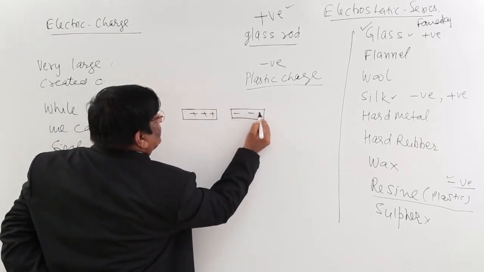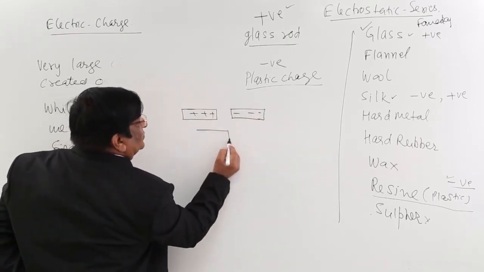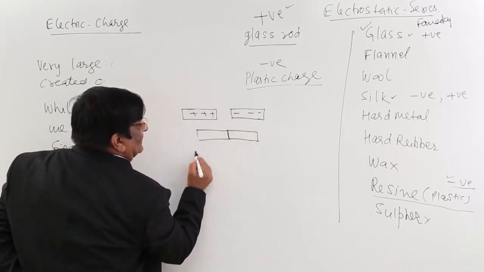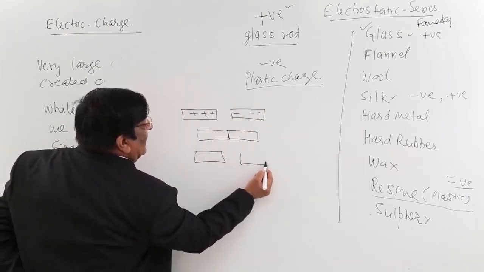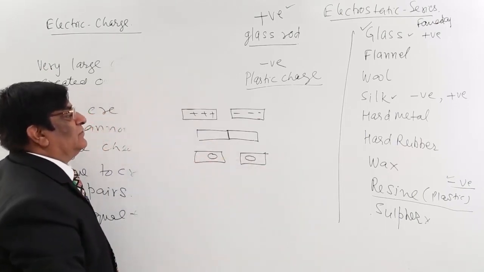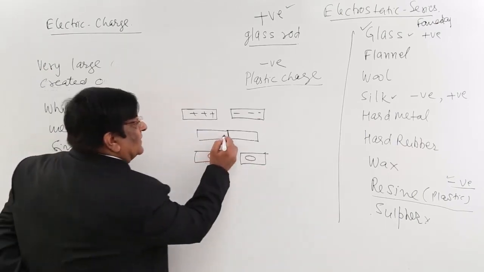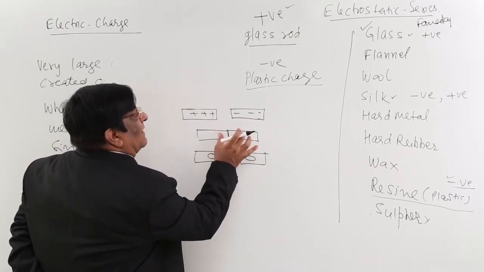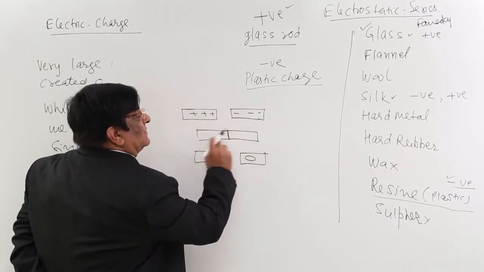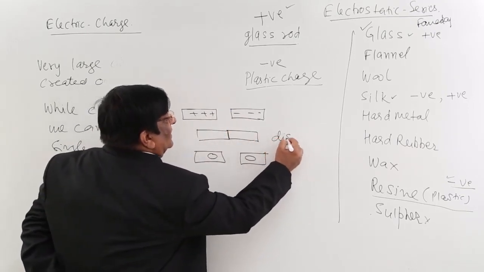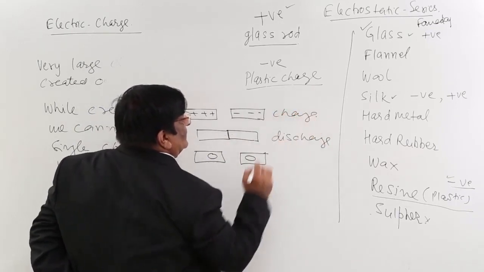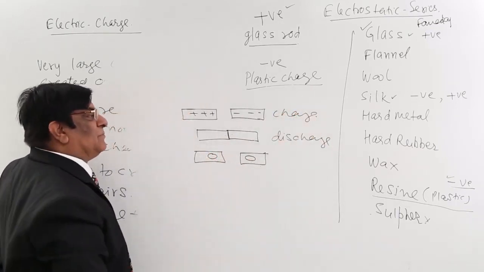When we touch the two and then separate them again, we find that both charges have converted to zero. This process, when we touch them and the charges nullify each other, we call discharge. These are discharged bodies.